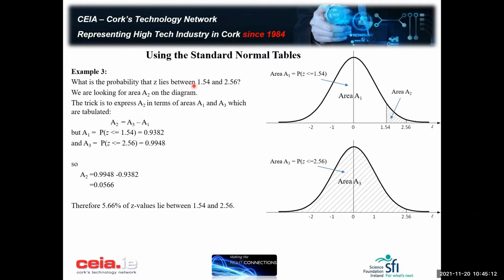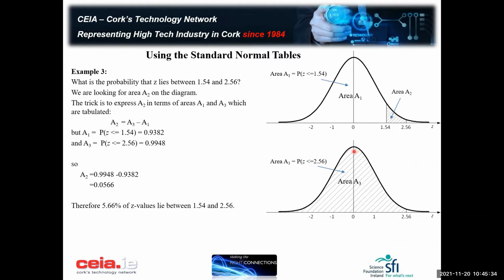Right, so we want the probability that Z lies between 1.54 and 2.56. Obviously, that's not a tabulated area. It's this area that we're looking for here, but it's not tabulated. I've called it the area A2 there. How would you work it out?